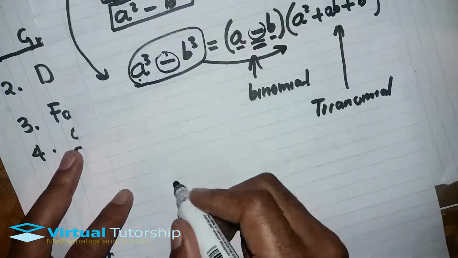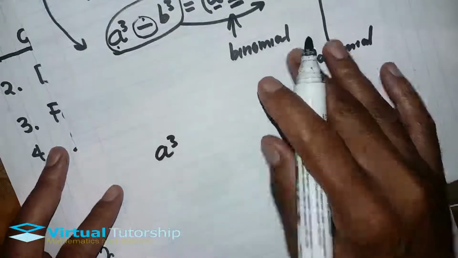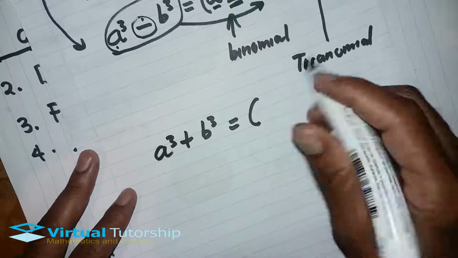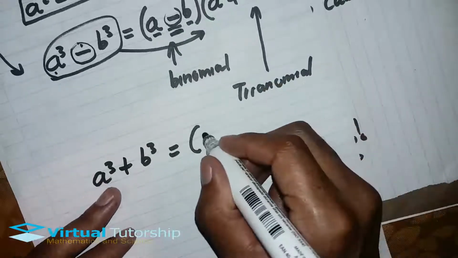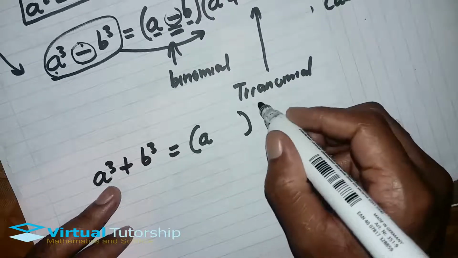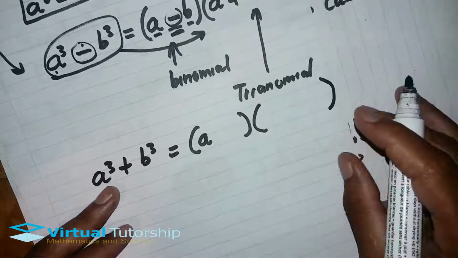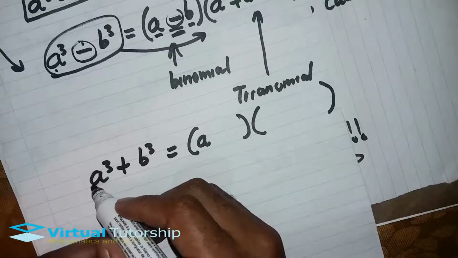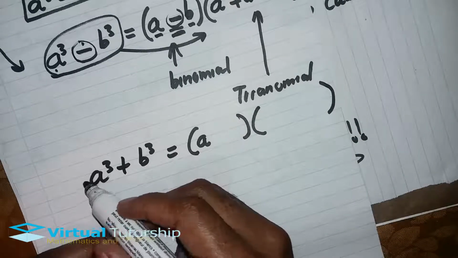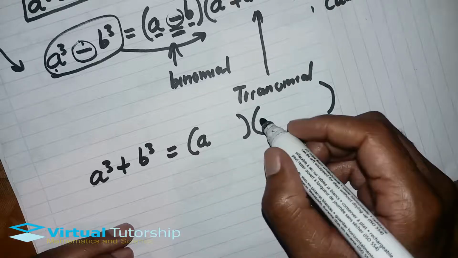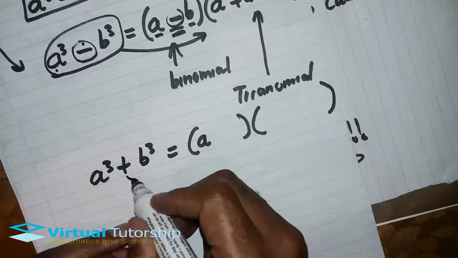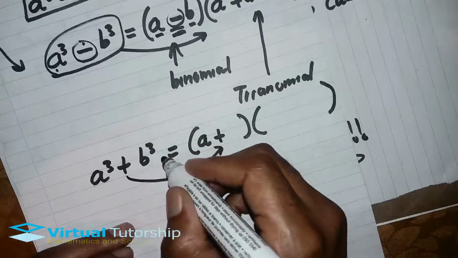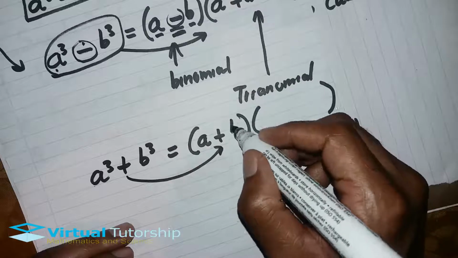So for the sum of two cubes, your answer will be, wait for it, the first bracket is a binomial, the second one is a trinomial. The third root of a cubed is a, and the sign is preserved, so plus the cubed root of b cubed, which is b.